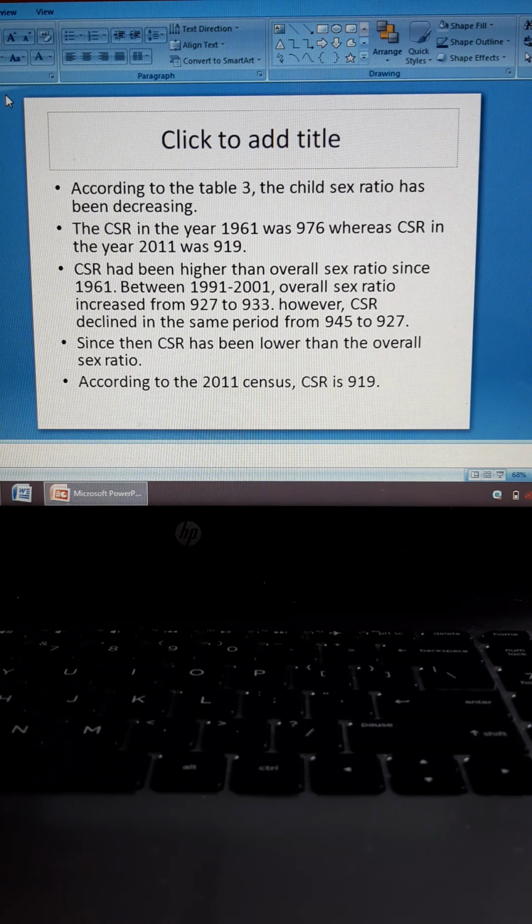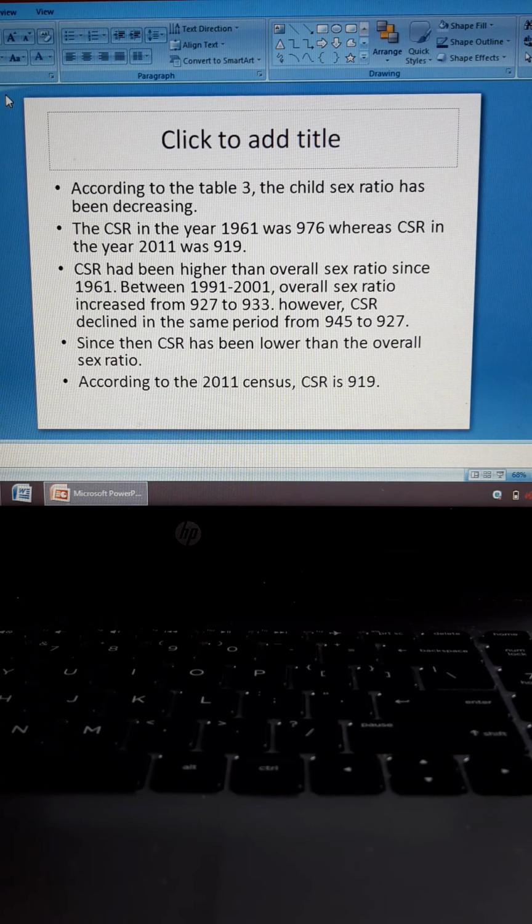So it is now lower than the overall sex ratio. Earlier it was higher. Since then, CSR has been lower than the overall sex ratio. Okay.